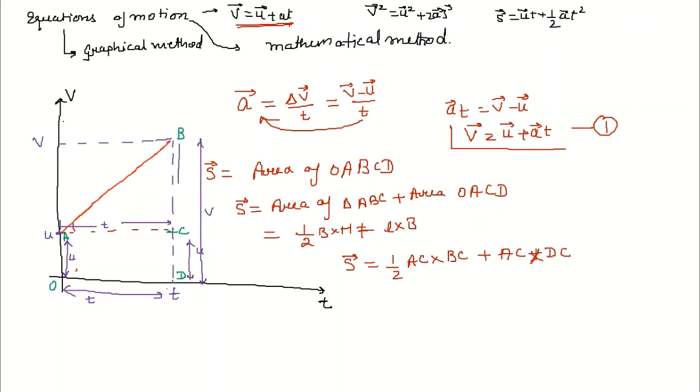So what will BC be here? From the whole we subtract the lower part, so v minus u. I think it is clear to everyone. So BC is nothing but BD minus CD, that is v minus u. OA, which is equal to CD, is u.